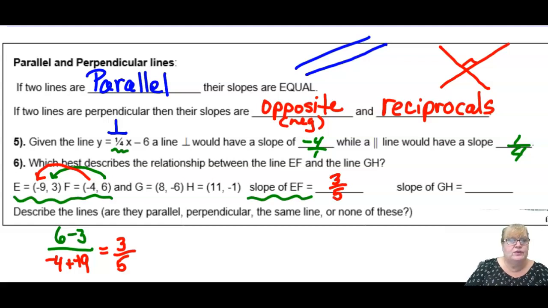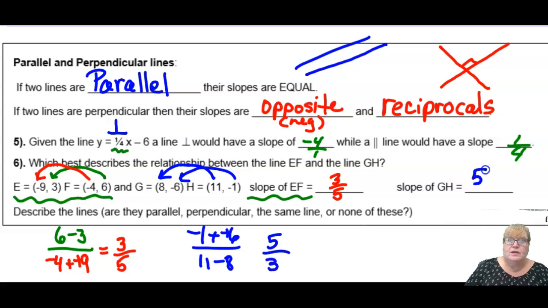And this guy over here, if we do the same for G and H, -1 minus -6 over 11 minus 8. We get 5/3. Now, are those parallel, perpendicular, or neither? Well, it's a little tricky, but the answer is neither or none because they are both positive, okay?